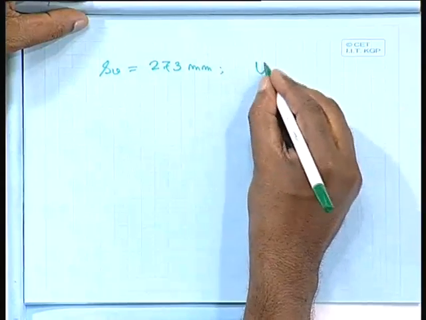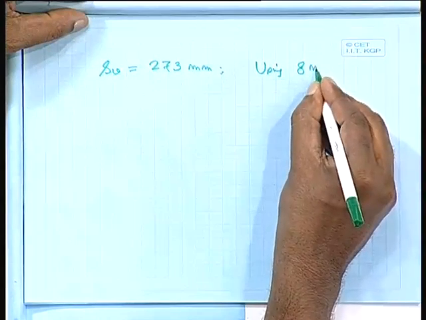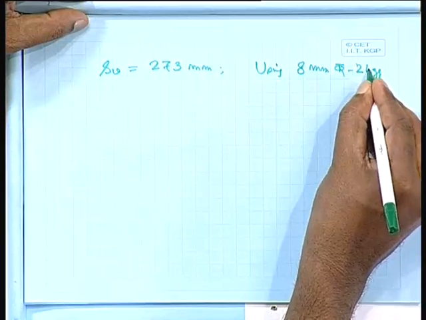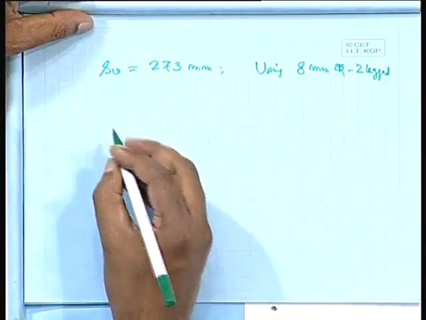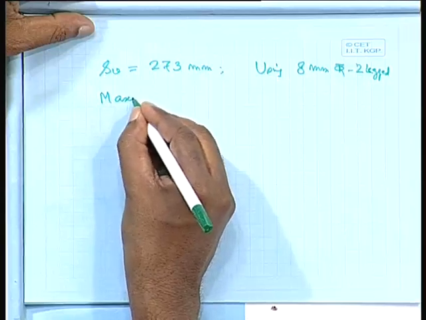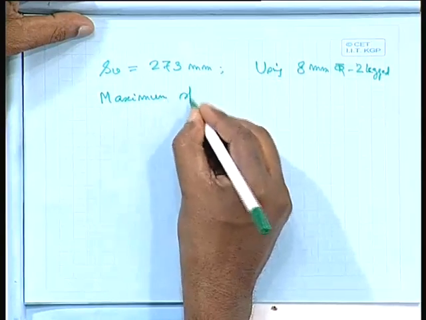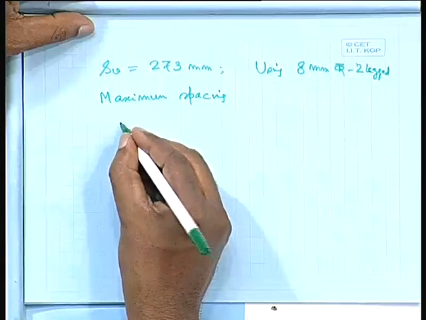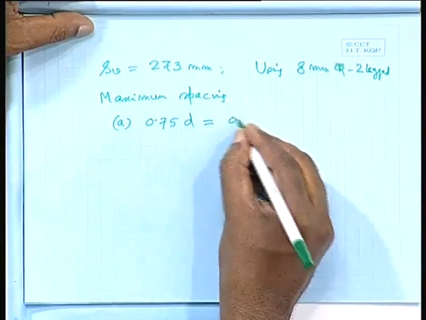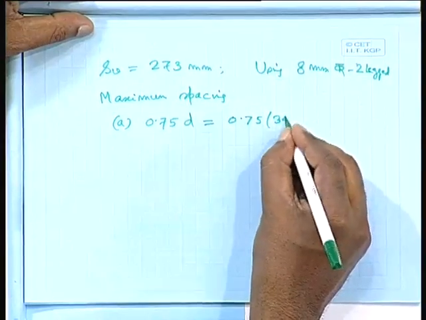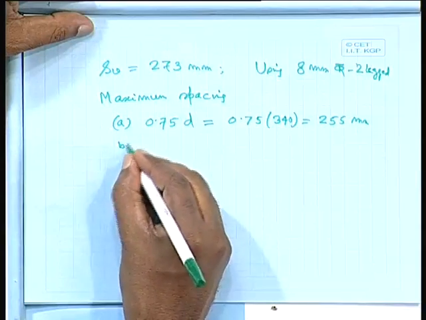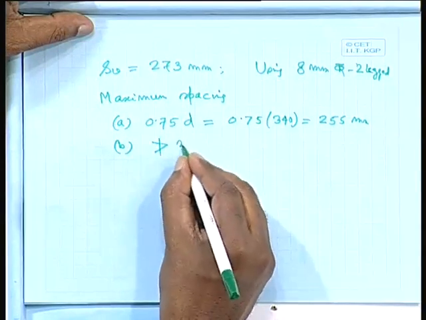We are using 8 mm Tor two-legged. What our code says is that the maximum spacing is: A, 0.75 D, which is 0.75 times 340 equals 255 millimeter; B, not greater than 300 millimeter.